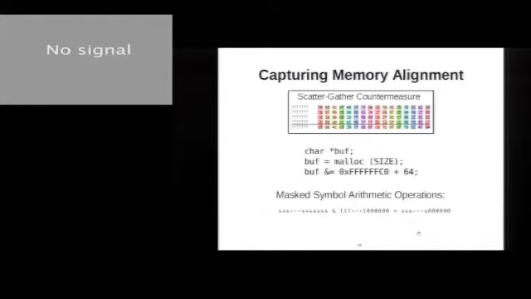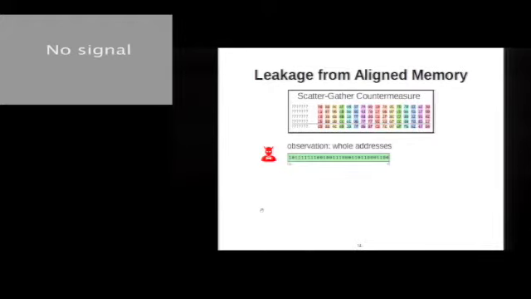And with masked symbols, we can do arithmetic operations, such as, for example, if we do a bitwise AND between a symbol and a constant, then we can learn that the least significant bits are zeros and that the most significant bits have not been changed. We can also do other things such as adding constants to the known bits. Now, with this, we can reason about leakage from aligned memory.